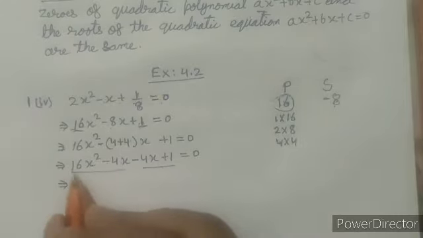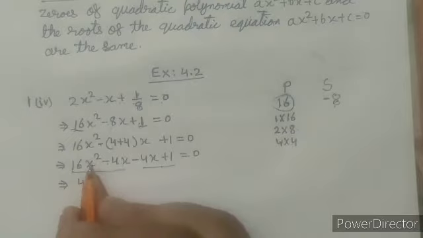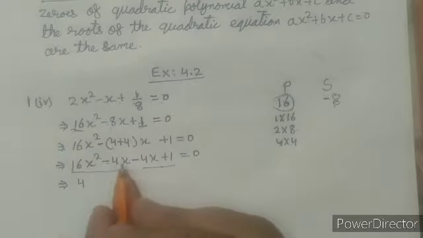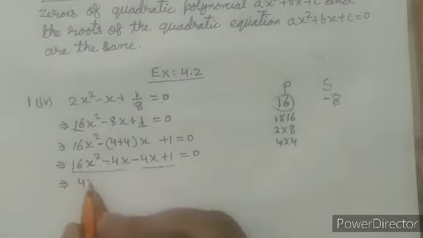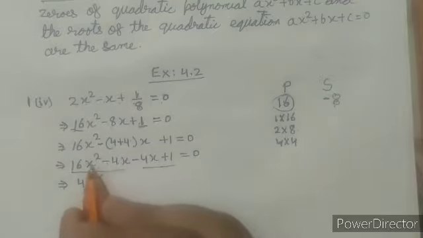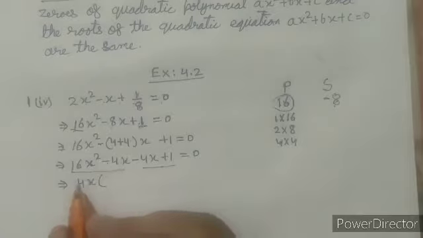First of all we will take common from 16x square minus 4x, as the HCF of 16 and 4 is 4, and for x square and x, you can say the HCF of x square and x will be x. Now we will take 4x as common.